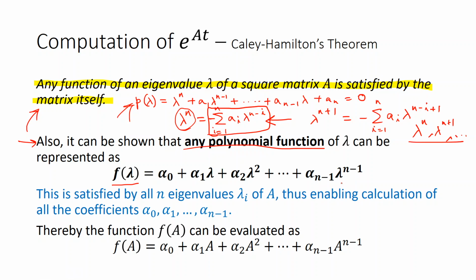And since this is satisfied by A, that means this is also true. So if there is a function which we know is satisfied by the eigenvalues of the matrix A, we can write that function as a polynomial function like this, and the matrix A also satisfies that same function.